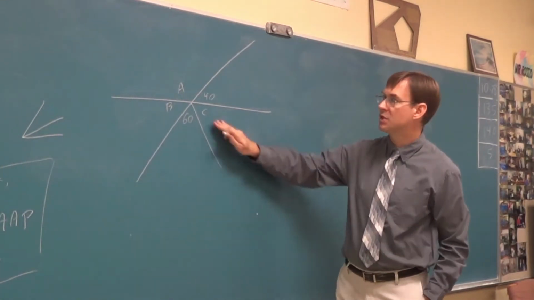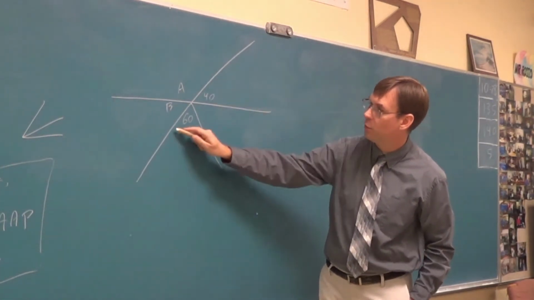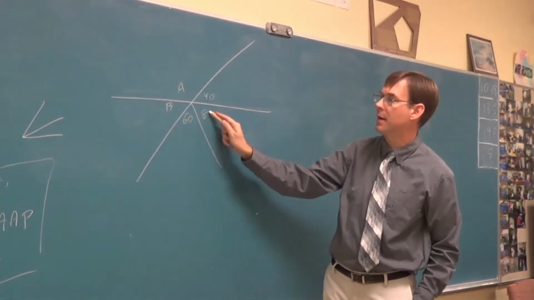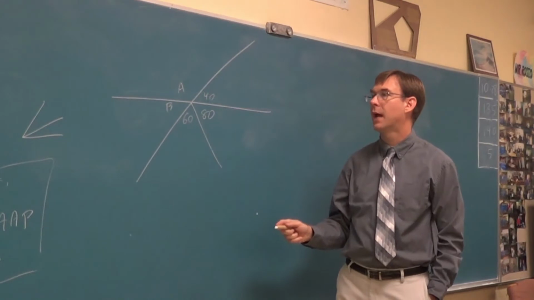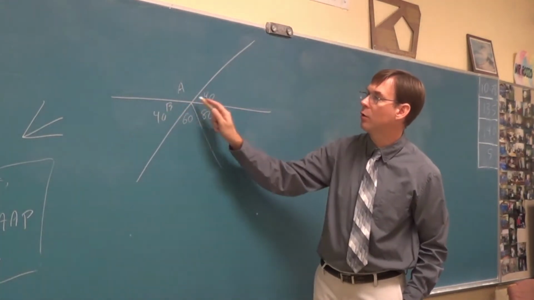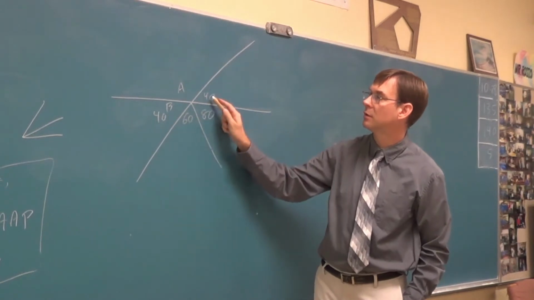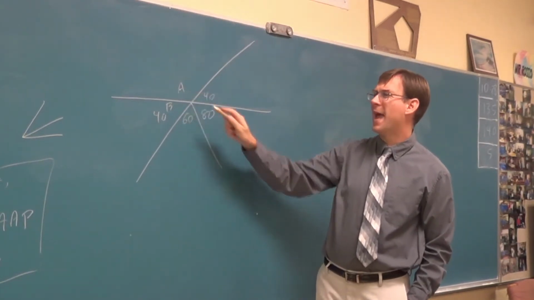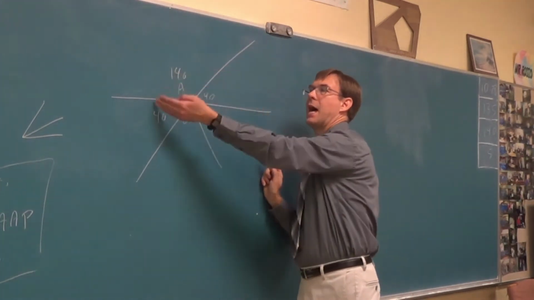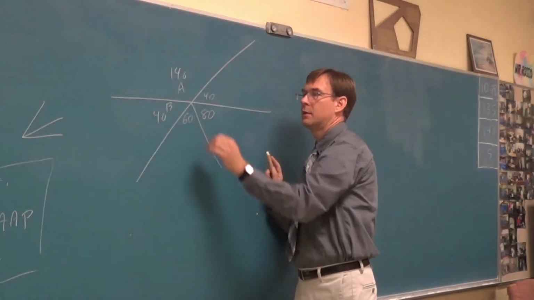C would be 80, because this full side has to add to make 180. B would be 40, because vertical angles have to match. What would A be? 140, because this side has to add up to 180.